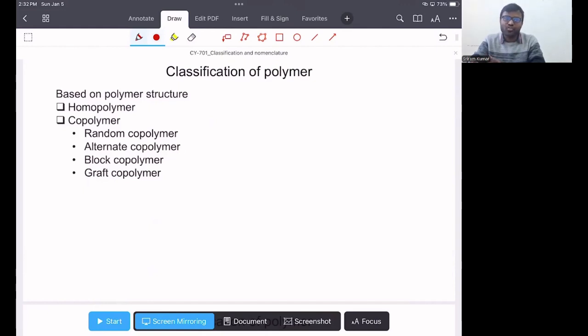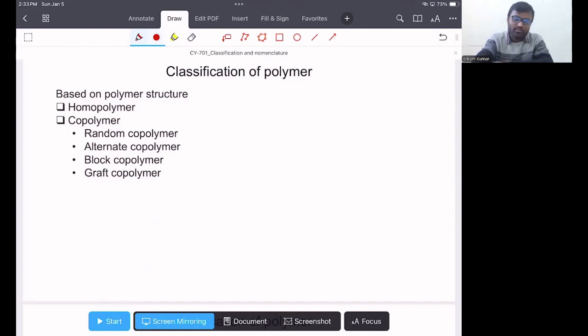Second is based on the crystallinity of the polymers, maybe crystalline, amorphous, and semi-crystalline polymers. And third is based on the polymer structure, that is the homopolymer and the copolymers. So we are going to learn about these kinds of polymers.